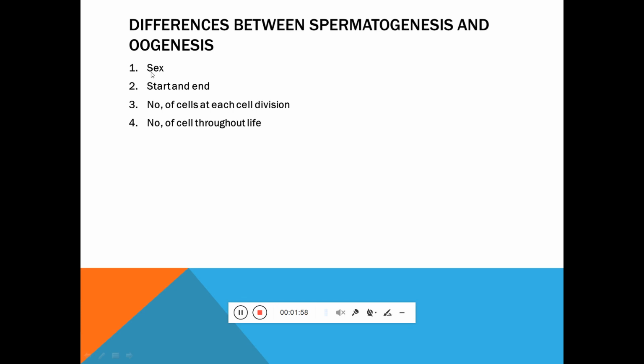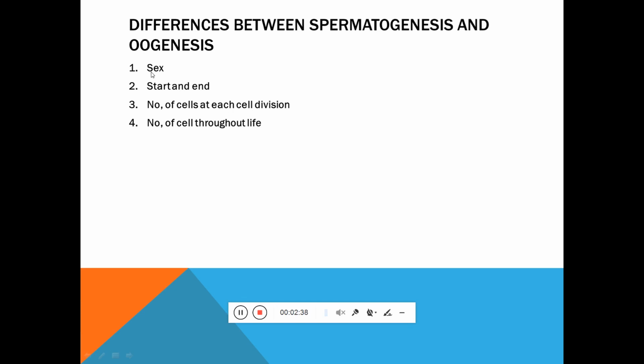Spermatogenesis starts after puberty and takes place up to the end of life. But oogenesis in females starts before birth, in intrauterine life, though it becomes more active, with release of the ovum, from puberty up to menopause. This period is known as the reproductive life of females.